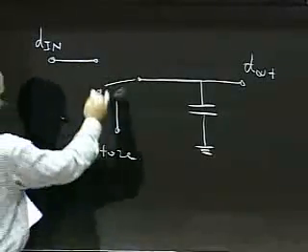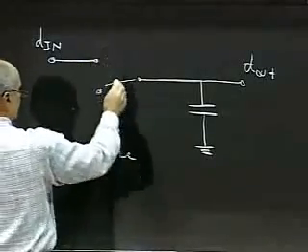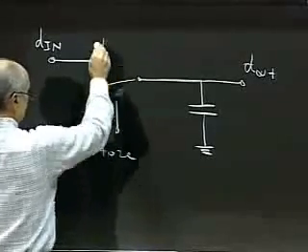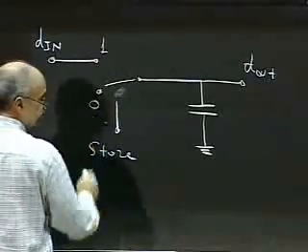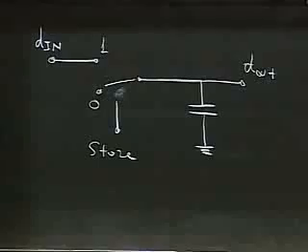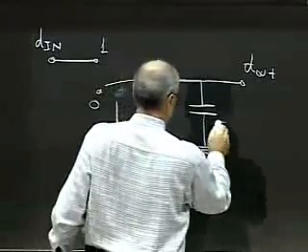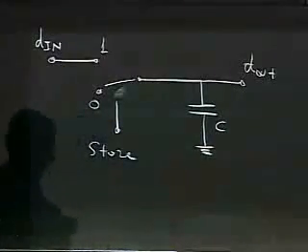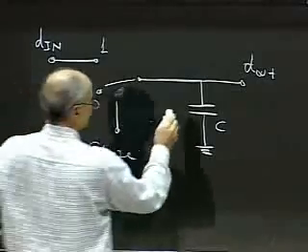So when store is 1, okay, when store is 1, it goes up. When store is 0, it is down here. That's capacitor C. So this is the storage node.